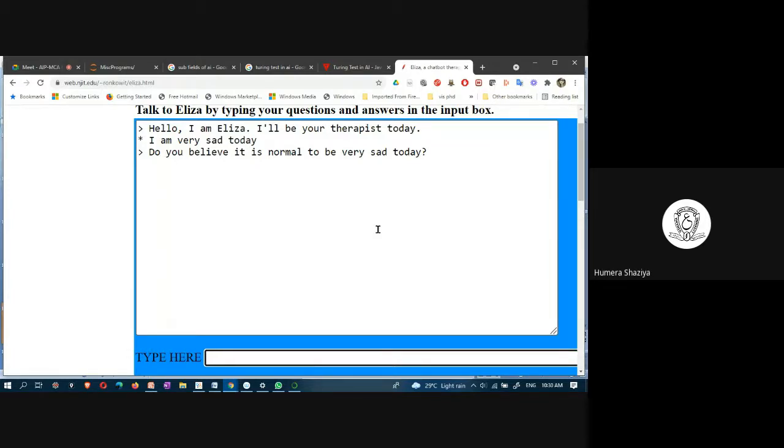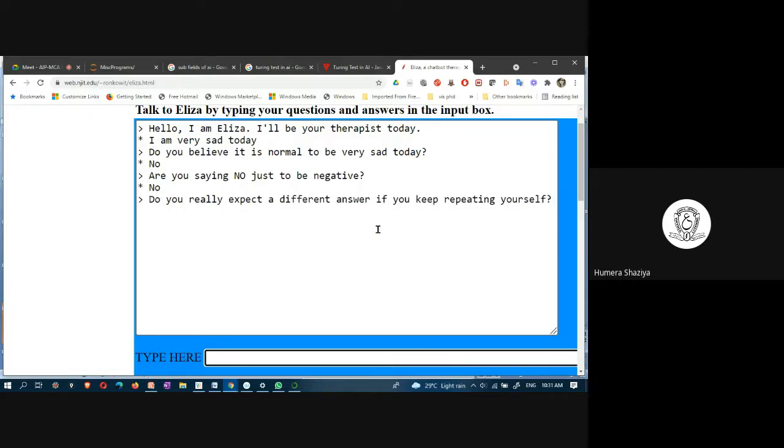Means, is it normal for you to be sad? If I say no, then ELIZA says, are you saying no just to be negative? If I say no again, it says, do you really expect a different answer if you keep repeating yourself? Look at how it is giving responses.